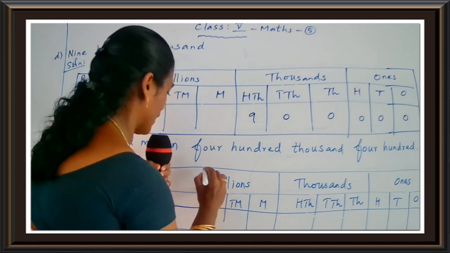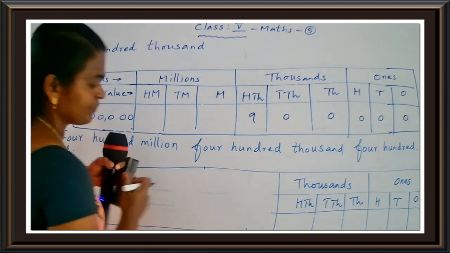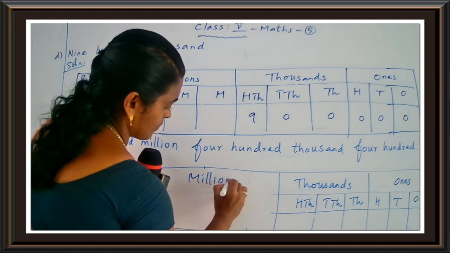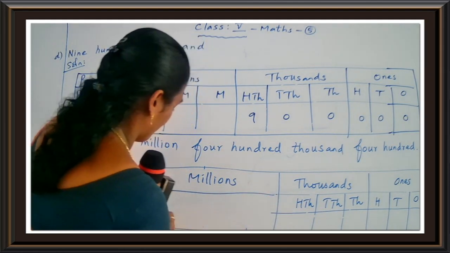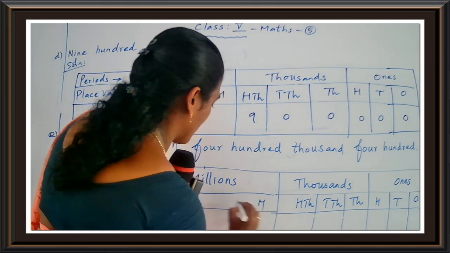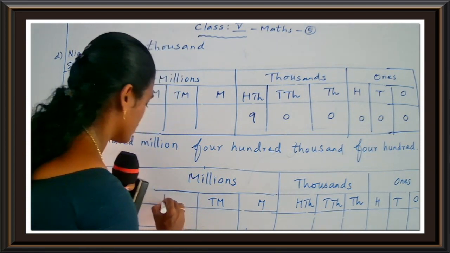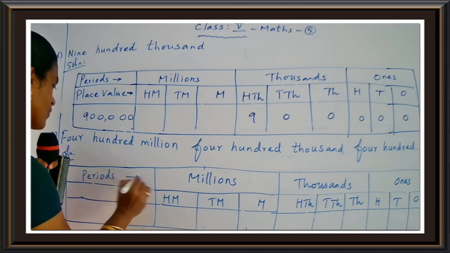Okay, children? Wait. Million, 10 million, so 100 million. Okay, first column is periods, second one is place value.